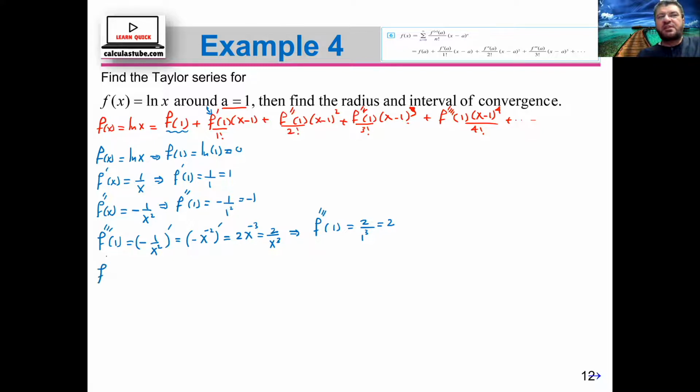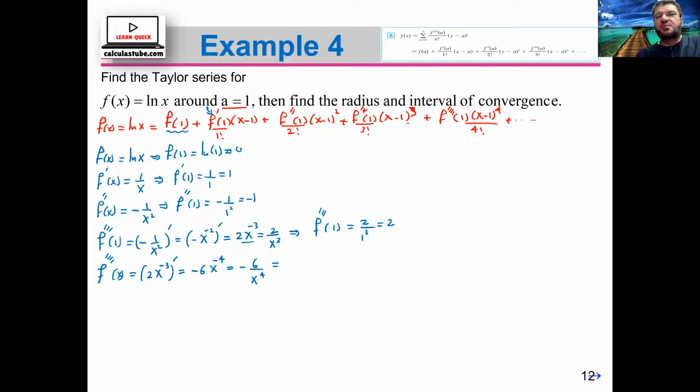Finally, let's look at the fourth derivative of the function. The fourth derivative is the derivative of the third derivative, which is the derivative of 2x to the minus 3. The power goes down, so it's going to be minus 6x to the minus 4, which is minus 6 over x to the 4.